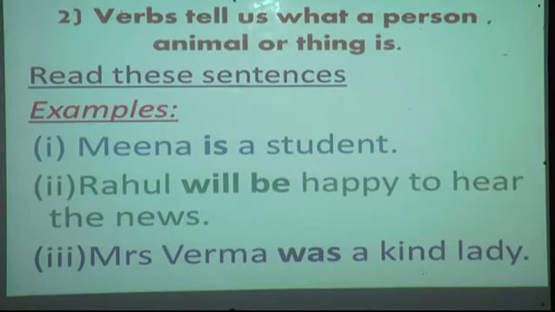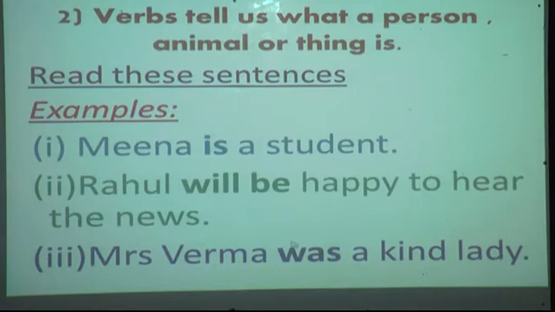Now here, students, we can see Meena is. What is Meena? A student. So this is what? A verb. It shows what a person is. Now Rahul will be happy to hear the news. So how will Rahul be when he hears the news? Will be is a verb. Third is Mrs. Verma. She was a kind lady.